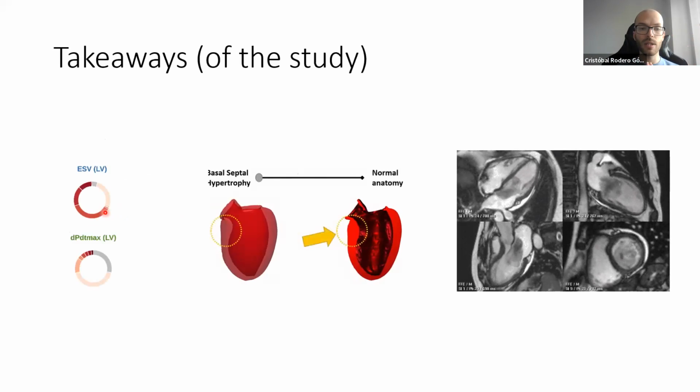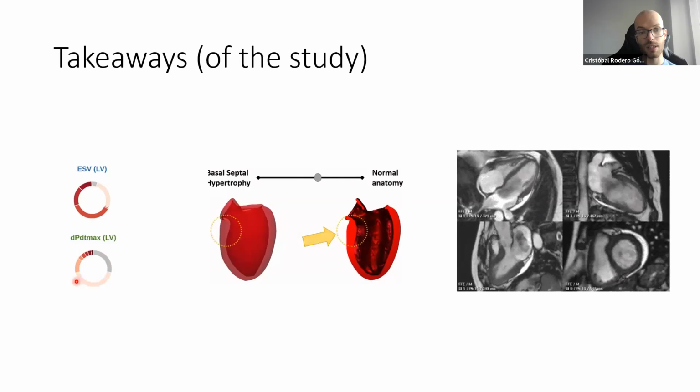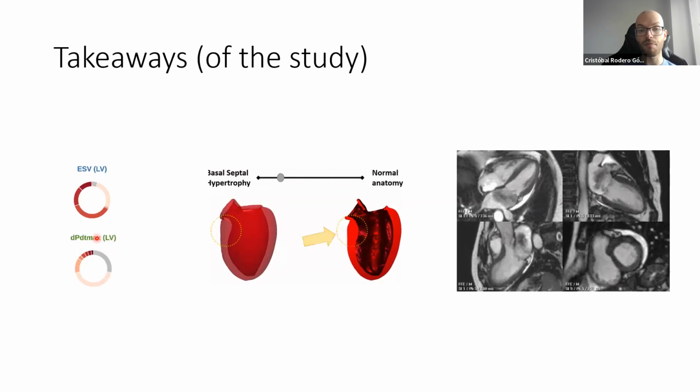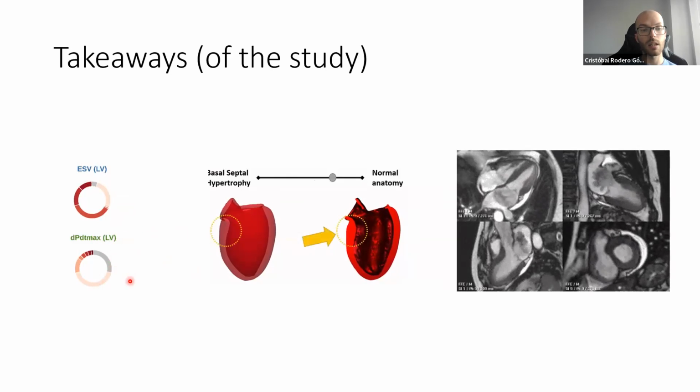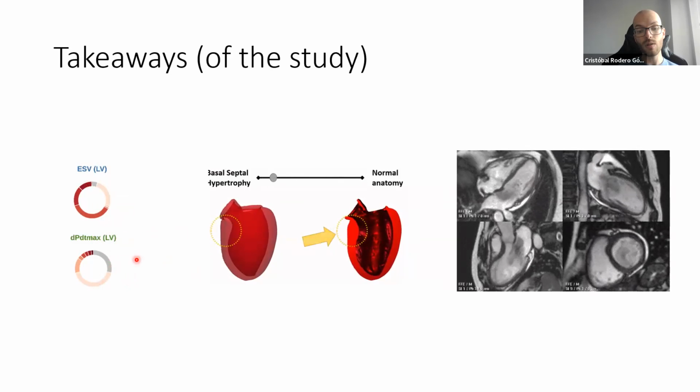So the main takeaways of this study are the ones that I mentioned before: that small changes in anatomy can have a big change in function, such as this one. Also that for different outputs, different parts of the anatomy matter, so big changes or small changes. And this can have an impact on the imaging community.